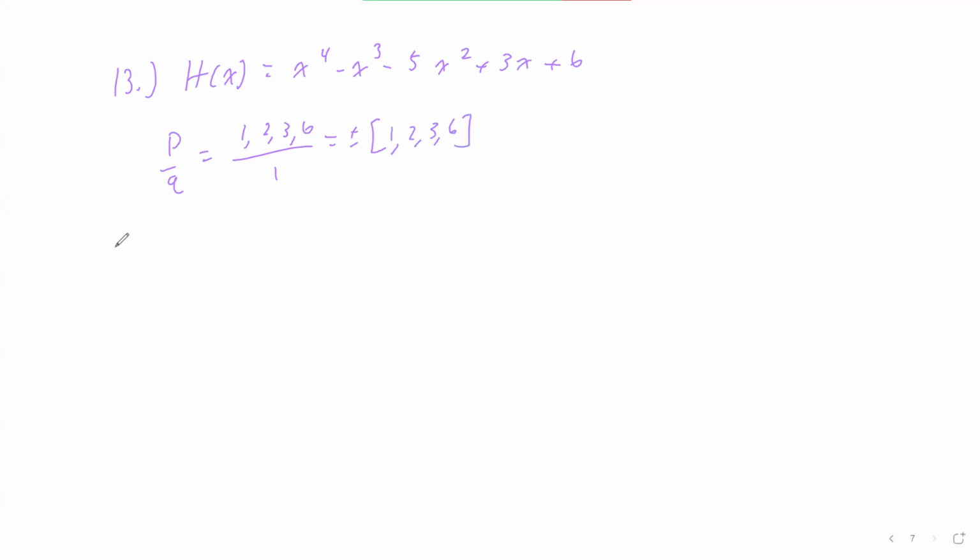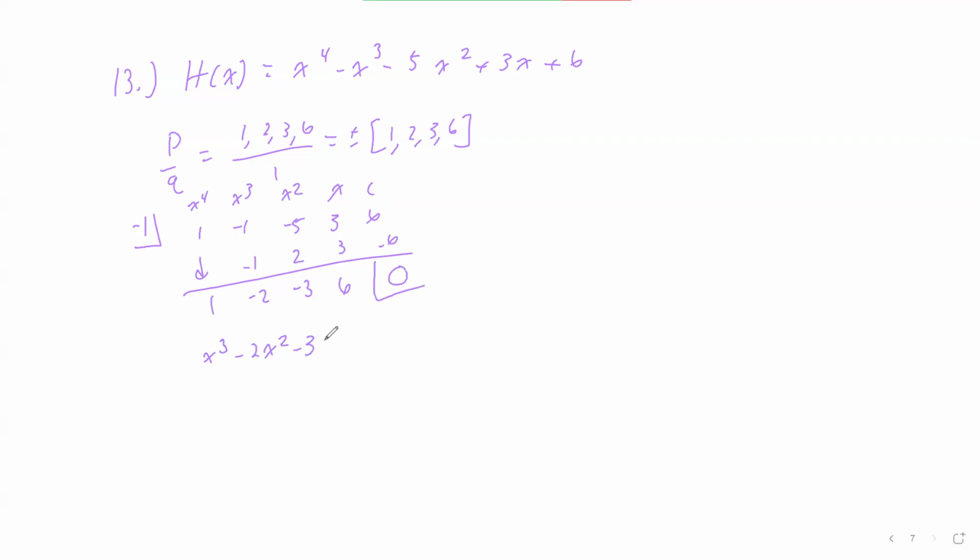So on this one, let's try -1. So x to the fourth is 1, x cubed is -1, x squared is -5, x is 3, and my constant is 6. So it's -1, -2, 2, -3, 3, 6, -6 is 0. So this would be x cubed, -2x squared minus 3x plus 6.